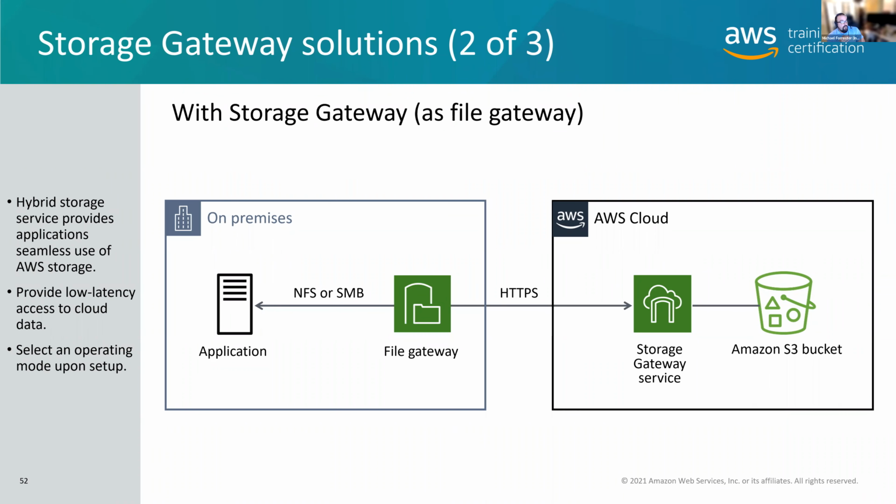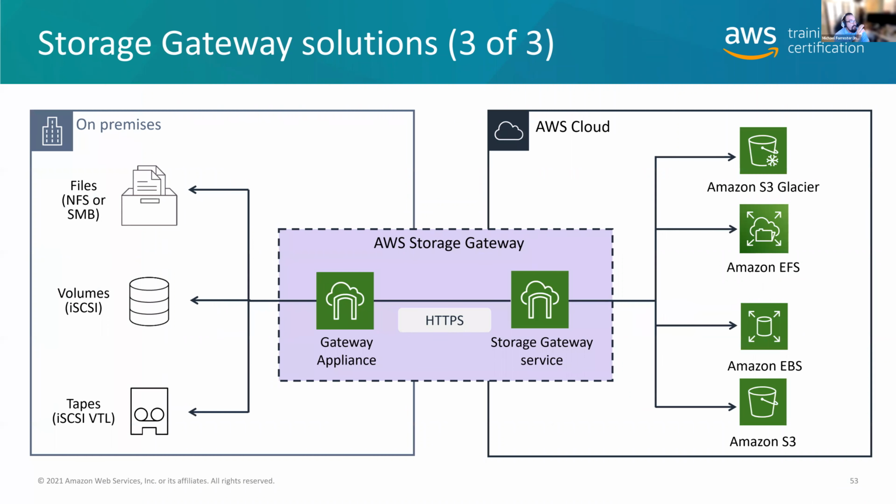But as I said before, you can use either NFS or SMB for this. So that file gateway will either run NFS or SMB in order to feed out files. But as I said before, remember, this has a file version, a volumes version, and a tape version. Note that two of those are using iSCSI, but the file version can either use NFS or SMB as its transfer protocol.